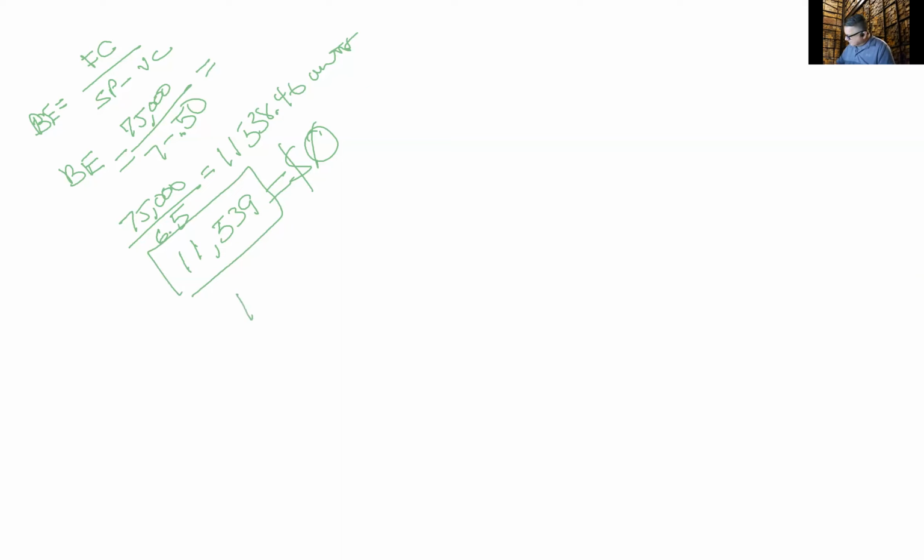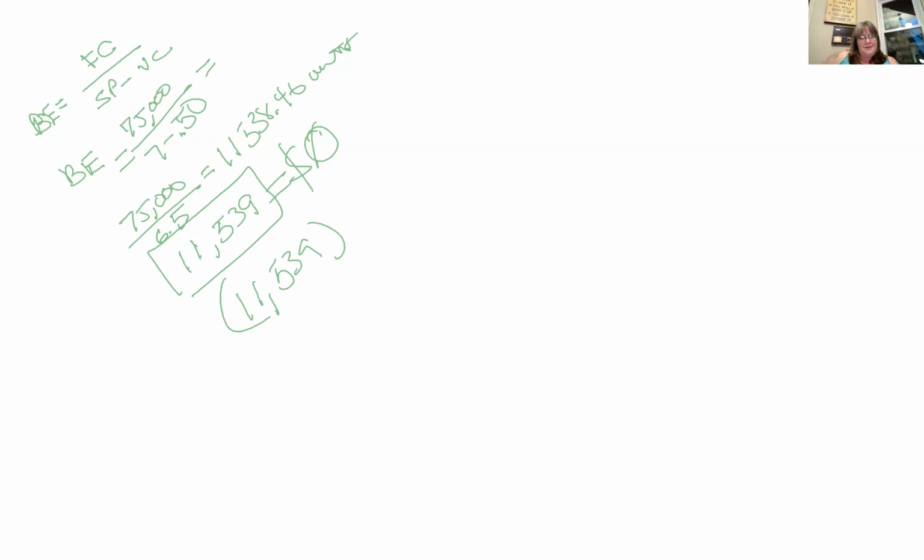If I take this 11,539 and multiply it times my $7, let's look and see what that revenue is. Actually, let me back off that, I'm telling you something a little false. Let's do our revenue here times $7.